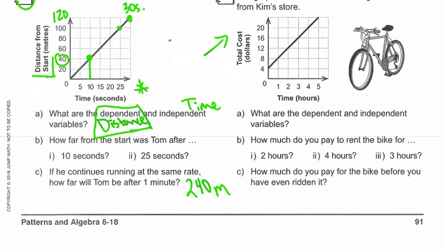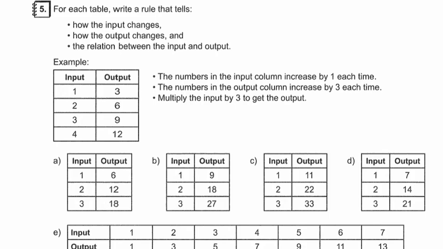Okay, let's move on. So this is a little bit of review from book 1 if you've already done the lessons there. It says for each table, write a rule that tells how the input changes, how the output changes, and the relation between the input and output. So I like to use I for input and an O with a line through it for output, so it's not confused with a 0.